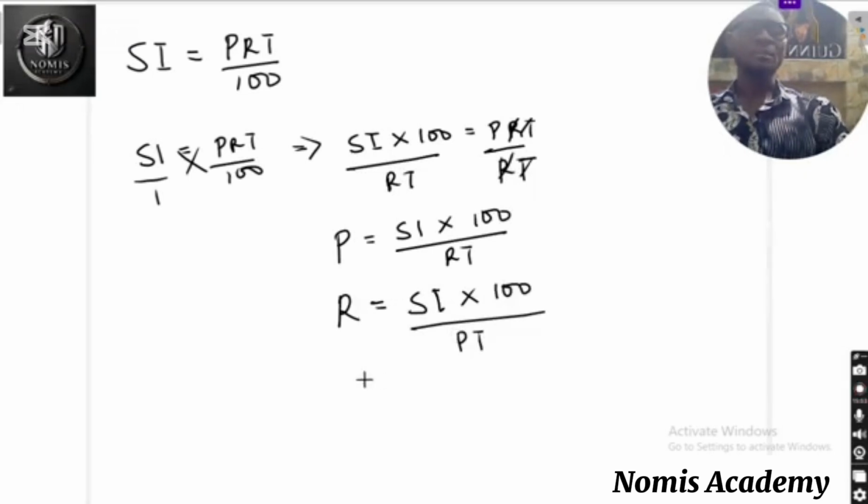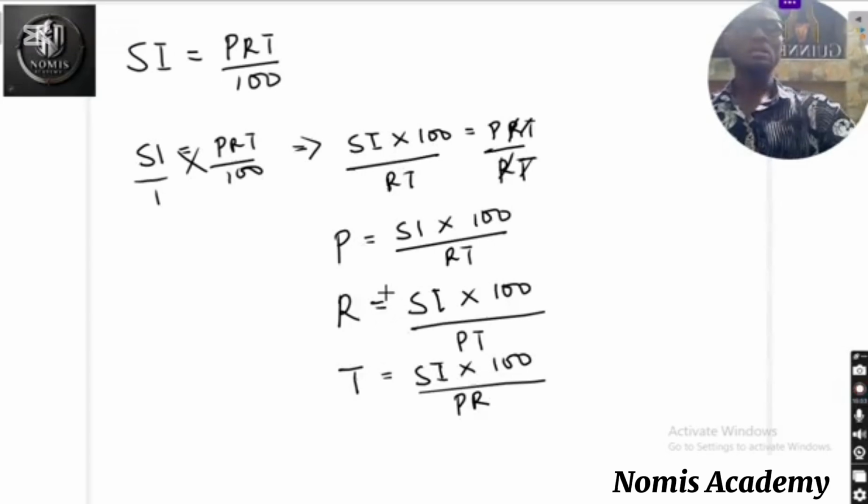And if it is time that I will need to look for, then it becomes T equals SI multiplied by 100 divided by PR. So you can change the subject of the formula to be any of these. Let's take an example by using any of the subjects of the formula to calculate it.